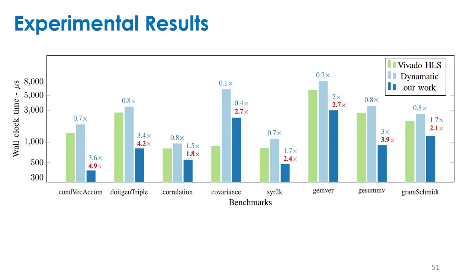Our approach further optimizes the throughput of the hardware in clock cycles, which leads to significant speedup compared to both Vivado HLS and Dynamatic. On average, we have achieved 2.9 times speedup with only 7% area overhead by inserting the loop scheduler.